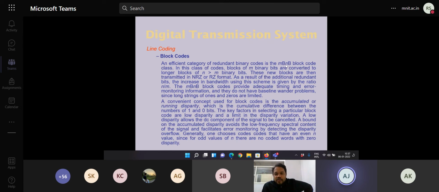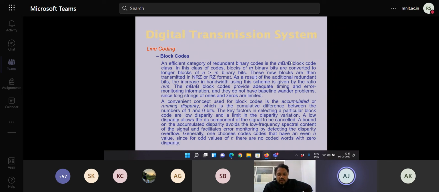For parity checking you are adding one bit, so n is m plus 1. But in case of block codes this can be much higher. There are systems wherein you can have 4 bits at the input and 7 bits at the output, and it's even possible that you have 5 bits at the input and you get 15 bits at the output.